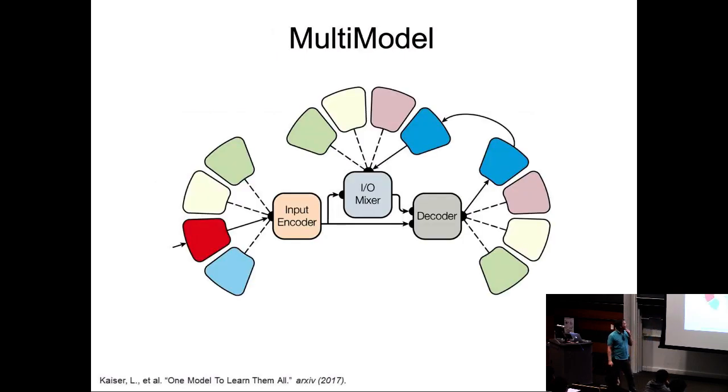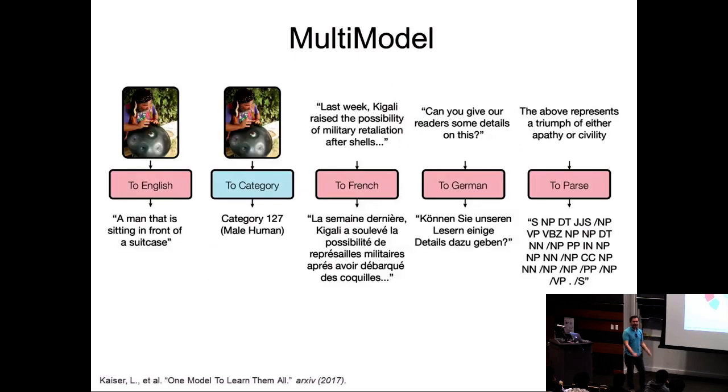There was also another paper called One Model to Learn Them All, which is basically, you have some encoder, different modalities, images, text, and such. You have a decoder, you're trying to predict something about images and text, and you have an input-output mixer that picks up different modalities or does attention.